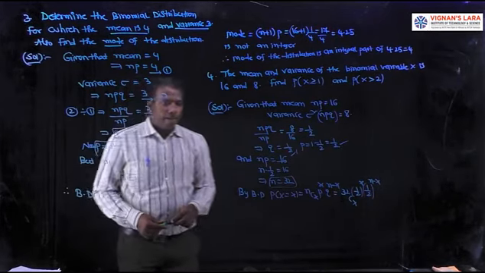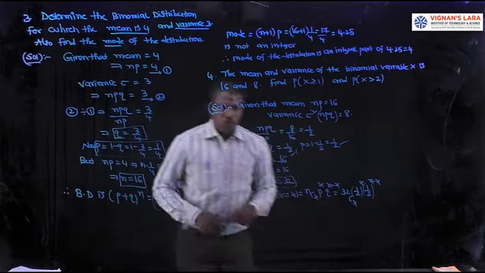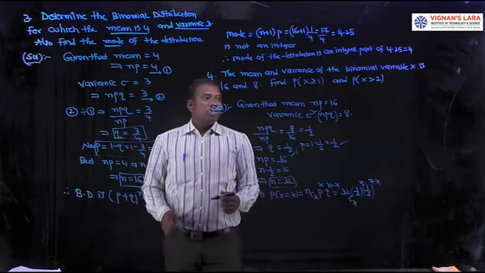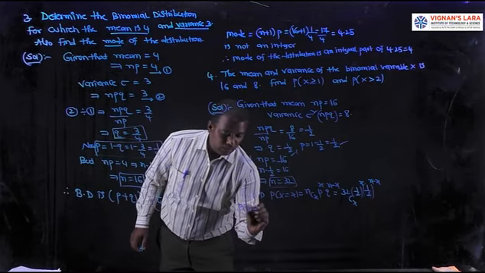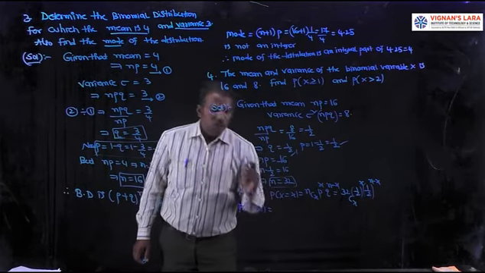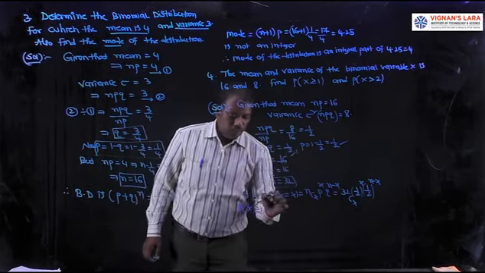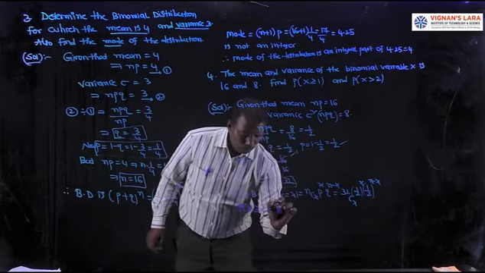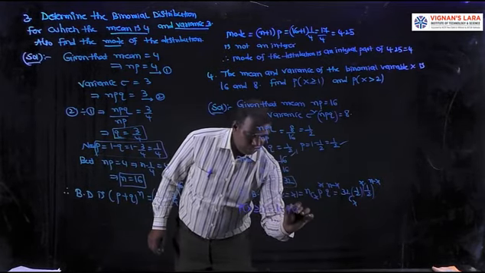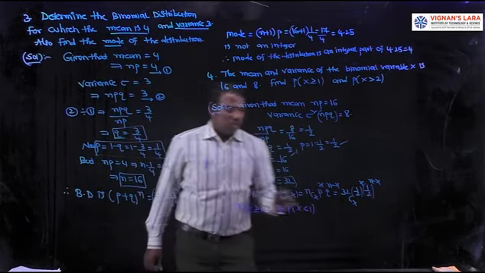Then calculate the first one, P of X greater than or equal to 1. P of X greater than or equal to 1 means 1, 2, 3, and so on up to n, 32. That is not practical to compute directly, so this value is 1 minus P of X less than 1. The opposite of greater than or equal to 1 is less than 1.